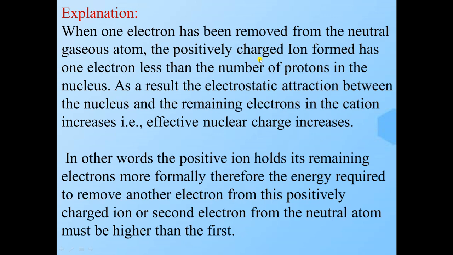Effective nuclear charge is the force of attraction between nucleus and outermost electron in the presence of the repulsive forces which exist between the electrons. You are already familiar with this term from the second chapter. In other words, the positive ion holds its remaining electrons more firmly. Therefore, the energy required to remove another electron from the positively charged ion, or the second electron from the neutral atom, must be higher than the first.